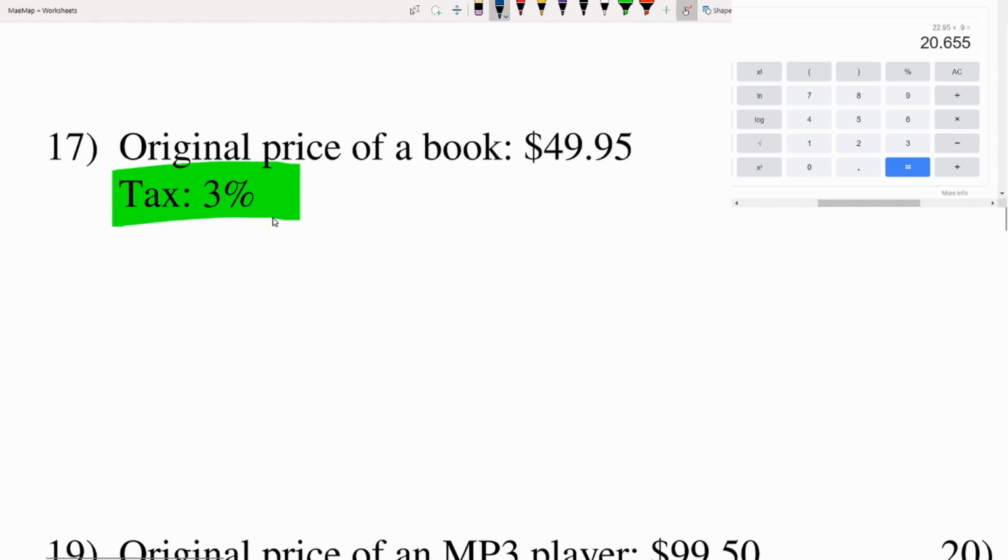So this is going to be our original of $49.95 multiplied, the same way as the markup, by 1 plus that 3%, so 1 plus 0.03. So this will get multiplied by 1.03, because 3% in decimal form is 0.03. Adding that to one is 1.03.